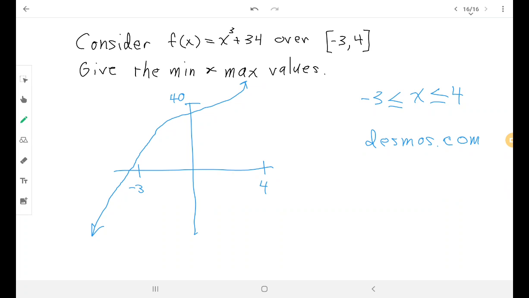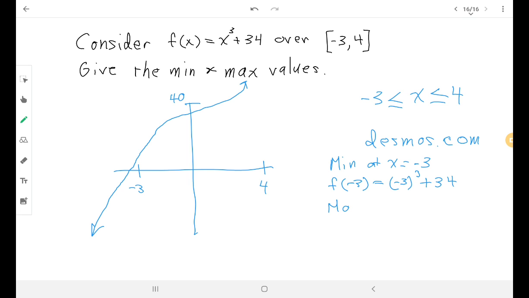So the minimum value should be at an x value of -3. So all I have to do is do f of -3, that is, put in -3 for the x value. And then I'll leave that for you to calculate, but you can see it's fairly easily done, especially with a calculator.